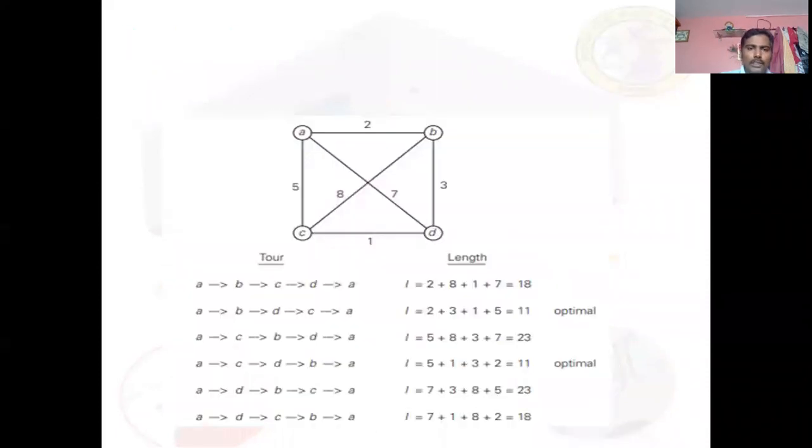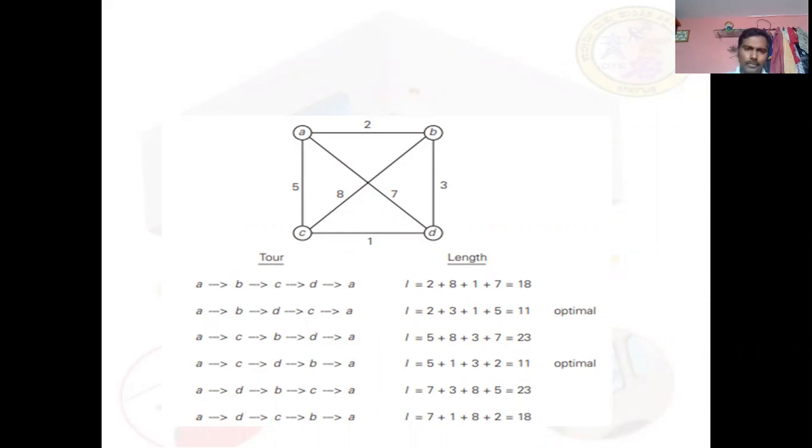That will be represented like a number on this edge. Suppose A, B, C, D represent some tourist spots. The edge line that connects A and B represents a highway connecting the two cities A and B, and the 2 represents the distance to travel from A to B.